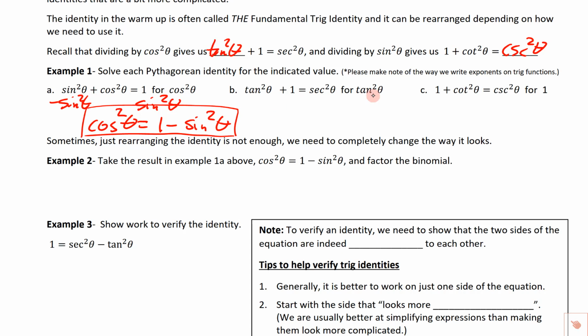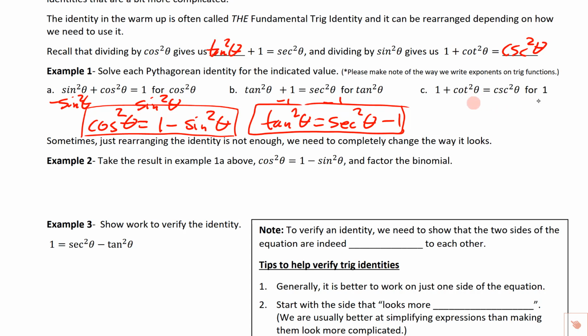Could we take this one and solve it for tangent squared? Sure. Subtract 1 from both sides. And we get tangent squared theta equals secant squared theta minus 1. Now, we normally write it like this if we're going to use it, because you could write the minus 1 in front and then plus secant squared. That's a little bit of a hassle. It's kind of nice when we start out an expression with a positive value.